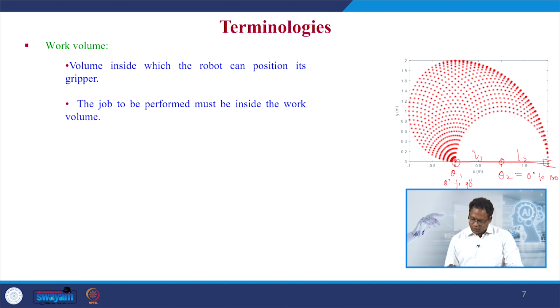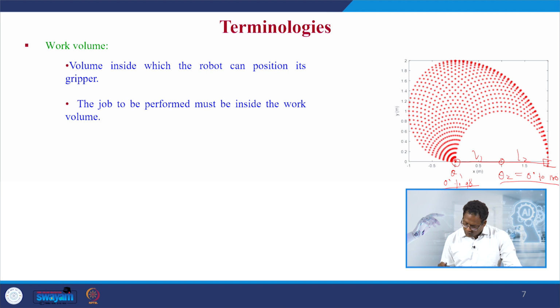Again I repeat, theta 1 varies from 0 degrees to 90 degrees and theta 2 varies from 0 degrees to 180 degrees.